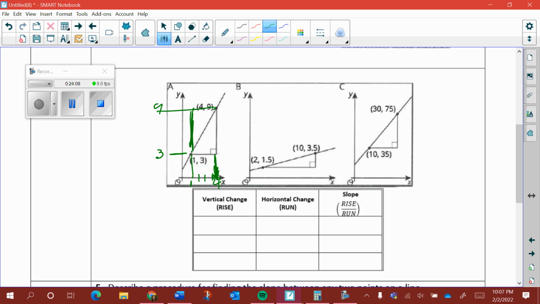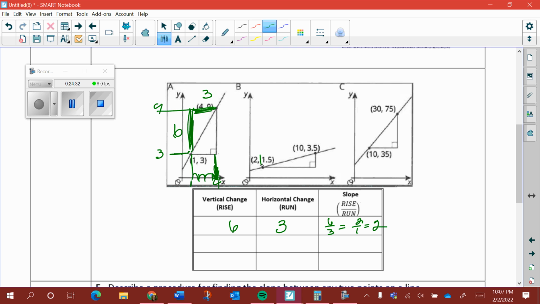So my rise and then my run. I went over 1, 2, 3. So my horizontal change would be 3. My vertical change would be from 3 to 9, which is 6. My rise over run would be 6 over 3, which reduces to 2 over 1, or just 2. Now do the other 2 on your own.